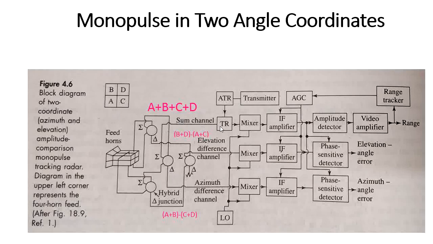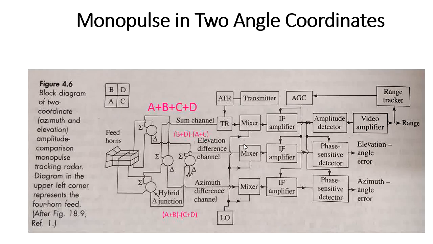As we see, the TR acts as a duplexer. Whenever it is going to transmit the signal, it acts as a transmitter. Whenever it is going to receive the echo signal, it acts as a receiver part. So TR acts as a duplexer here, and this is the anti-transmitter. Anti-transmitter is quite the opposite of your transmitter part here.